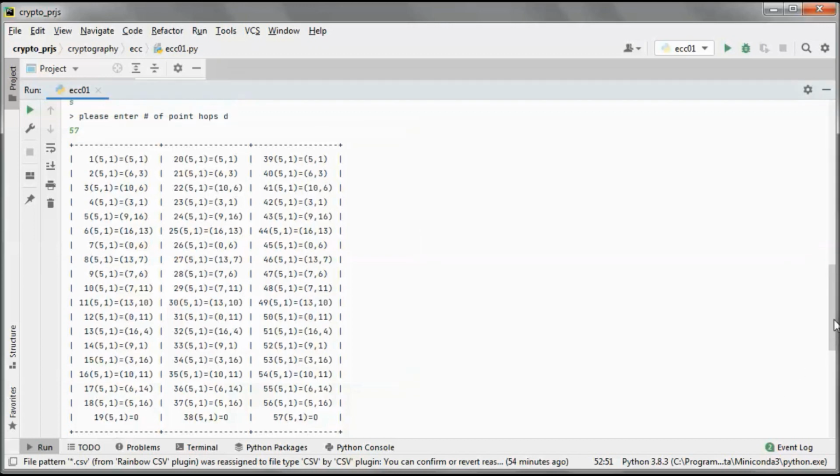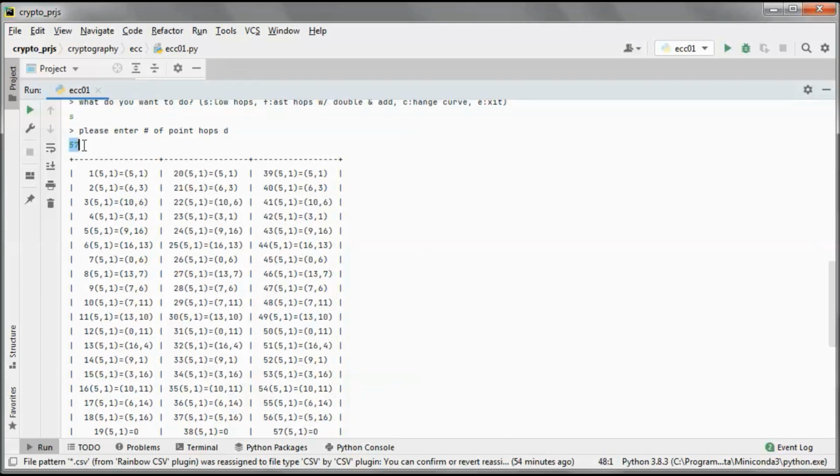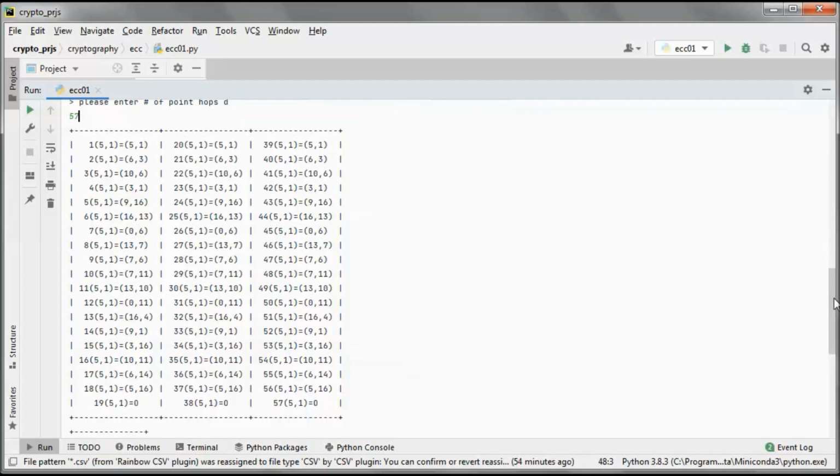So here we did 57 hops, and we can see the cyclic behavior.